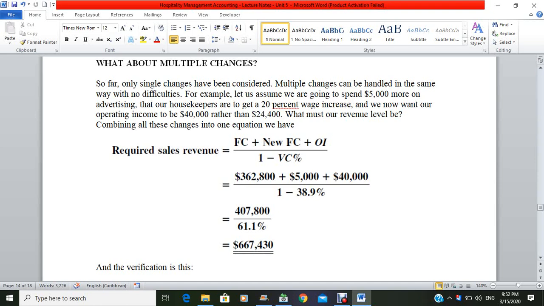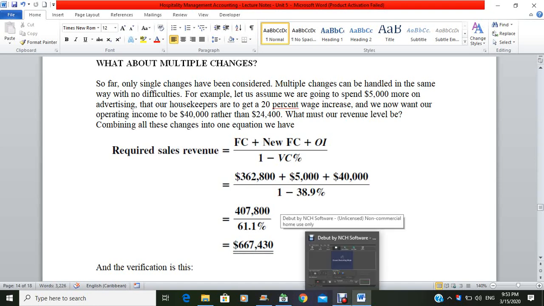Alright? Now in this case, notice that our figure for variable cost percentage has gone down to what? 38.9%. Oh, sorry, it has increased to 38.9%, right?